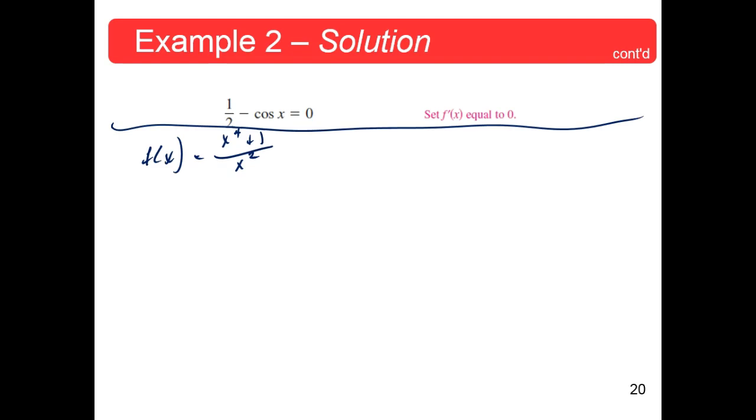One thing you better do is, they don't give any limitations on your domain, but the first thing you've got to do is, where is this function even defined? Or even more so, where is it not defined? At x equals 0, it's not even defined, so don't try to make x equals 0 a minimum or maximum. How can you have a minimum or maximum of something that has no value?